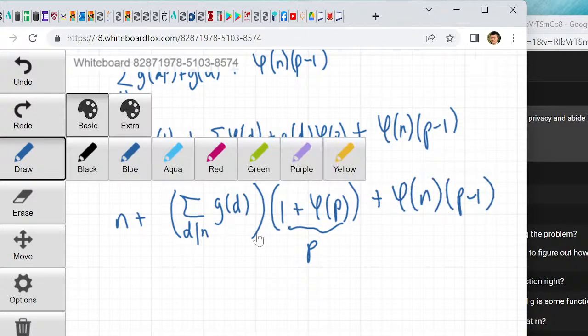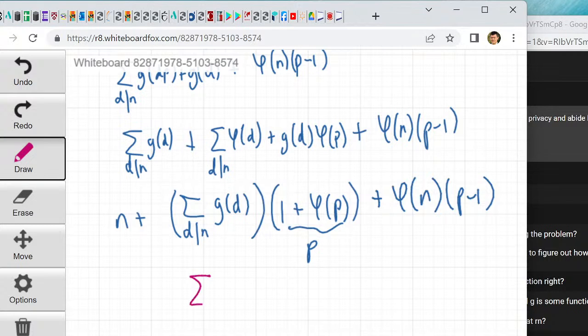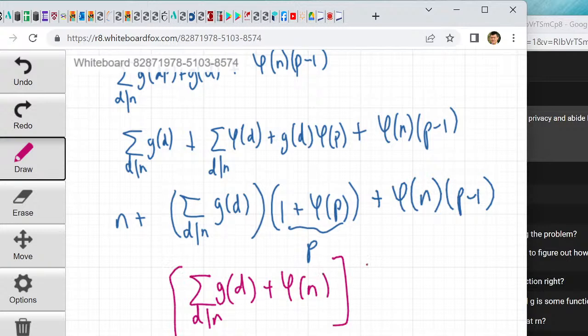Yeah, so if you plus phi N here, okay, so we have the phi N from before. We plus, this we do G and plus phi N, and we put here P. So we almost have enough.